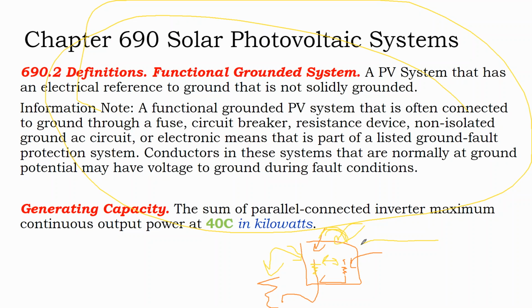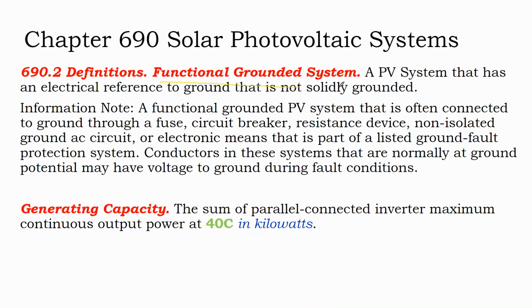Nowadays, the inverters are in a floating configuration, and people were getting confused because they're saying, oh wait, it says it's an ungrounded inverter, but I thought it needed to be grounded. And what about the metal parts? Are they ungrounded too? They said no, you can have a floating configuration inverter where neither the positive nor negative side is tied directly to ground, but you're still grounding the metal parts and all of that. And so they've now called that concept functionally grounded.